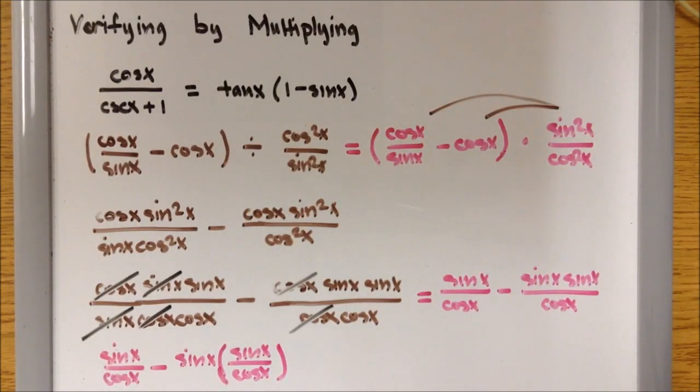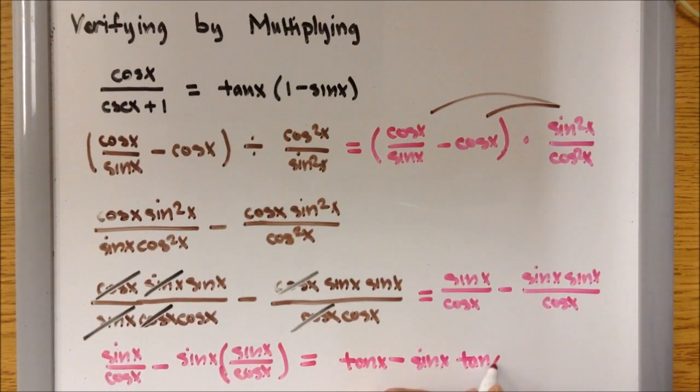Now what I'm going to do next is apply the quotient identity right here on the sine x over cosine x. Same thing here, so that we don't have a fraction. The quotient identity for sine x over cosine x will be tangent x minus, we have the sine x outside, and inside will be tangent x. You can include the parentheses, but you don't have to.